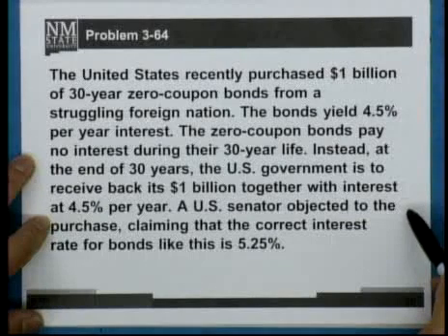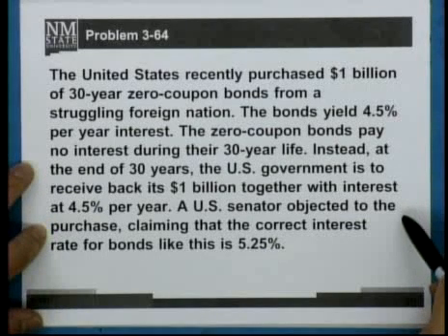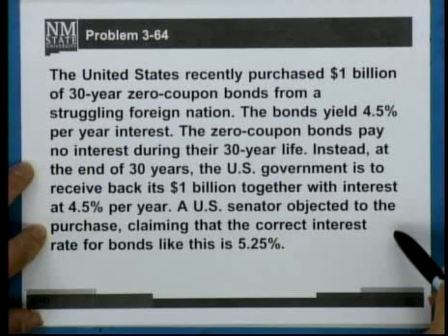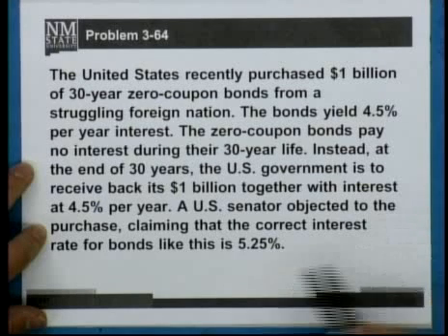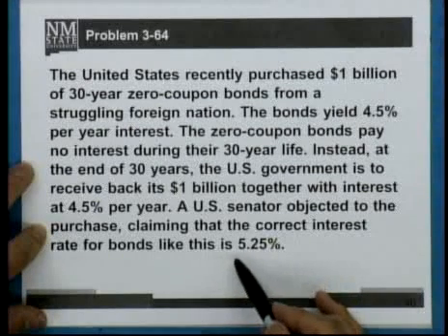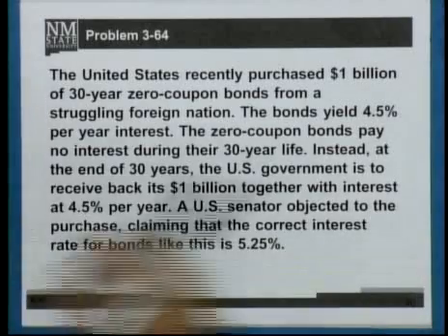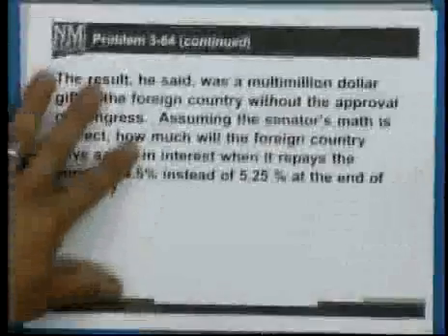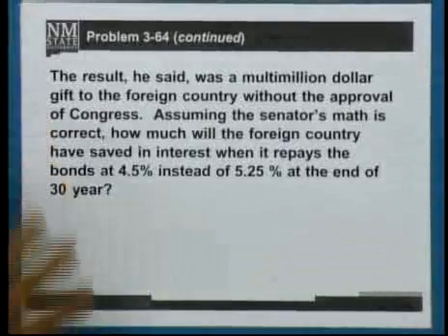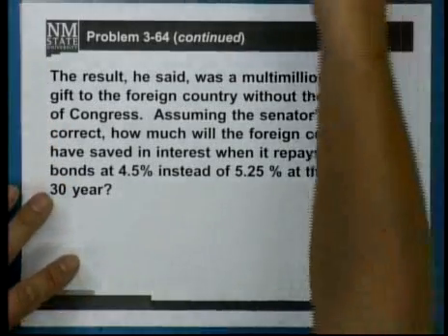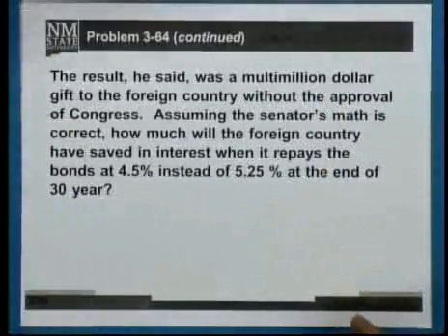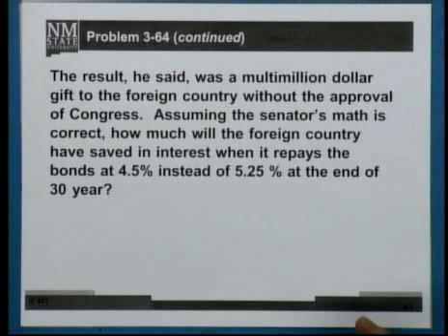A U.S. senator objected to the purchase, claiming that the correct interest rate for bonds like this case is 5.25%. And the result, he said, was a multi-million-dollar gift to the foreign country without the approval of Congress.